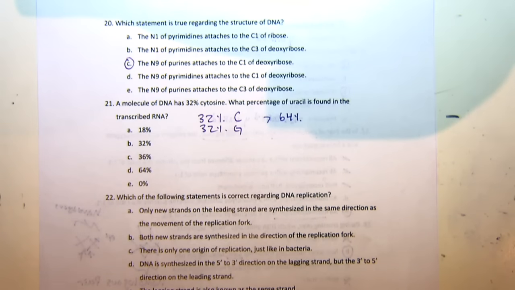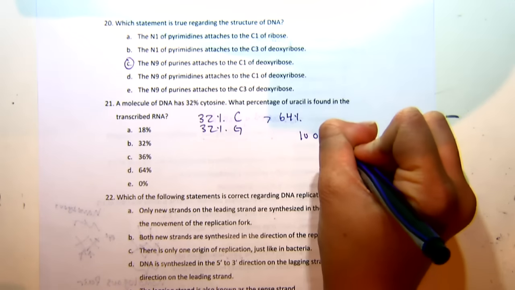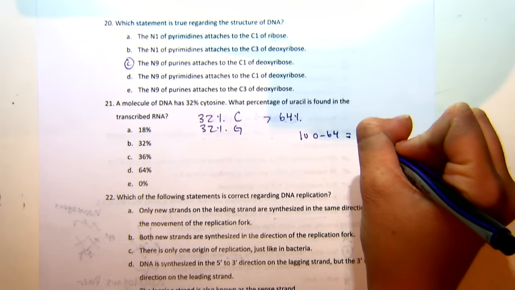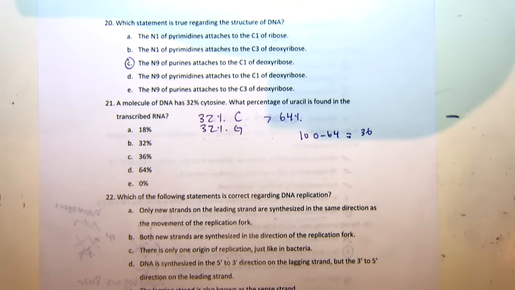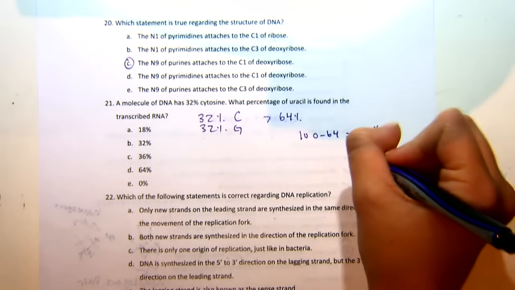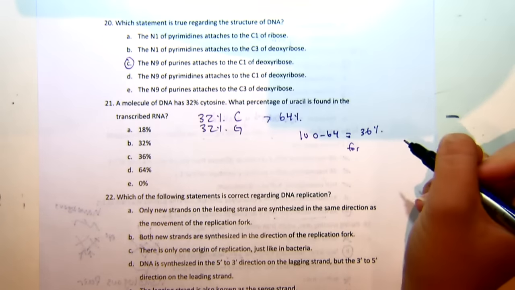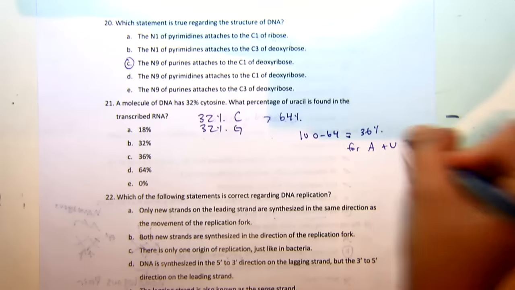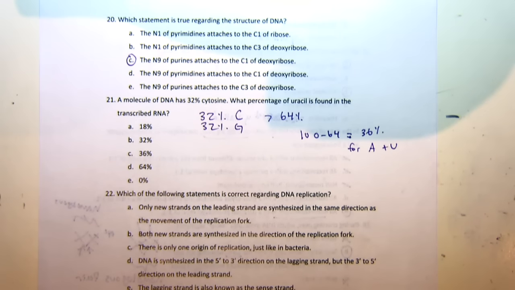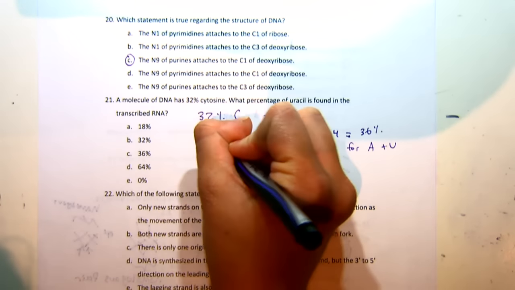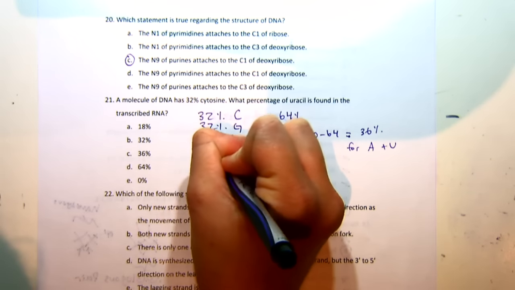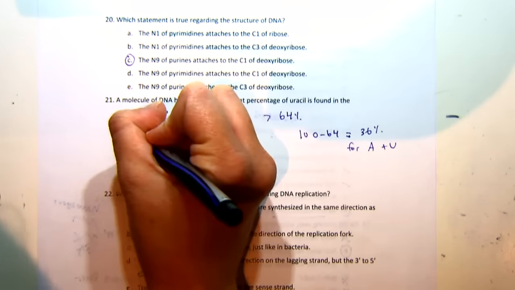So that means we have 100 minus 64, which is 36. So that leaves us 36% left for A and U. If we have 36% left, we're going to split it equally. And we're going to say that we have 18% A and 18% U, which is A.